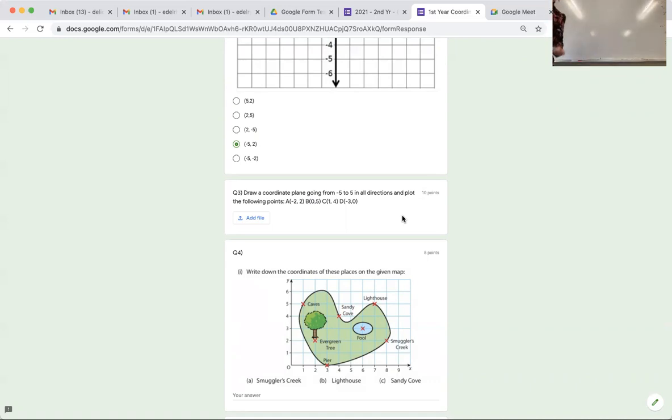So we're doing a coordinate plane between -5 and 5 in all directions, and I wanted to see your x and y axes labeled like this. You can see that okay? And we go 1, 2, 3, 4, 5, and -1, -2, -3, -4, -5.